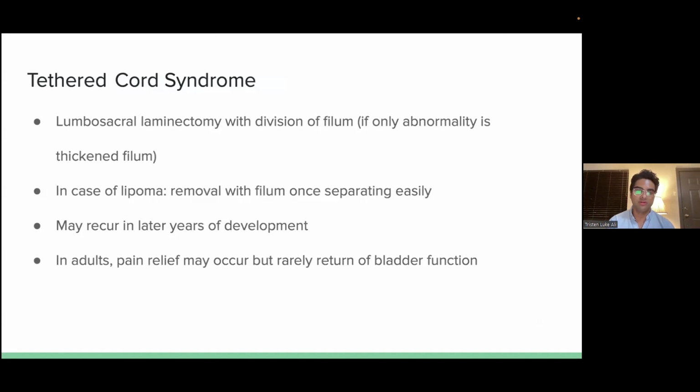In case of a lipoma, removal with the filum once it is separating easily off of the neural tissue. It can recur in later years of development, and therefore multiple surgeries may be indicated during massive growth spurts. In adults, pain relief may occur, but rarely return of bladder function. So another procedure, definitively, such as a urinary diversion or ileal conduit, can be considered.